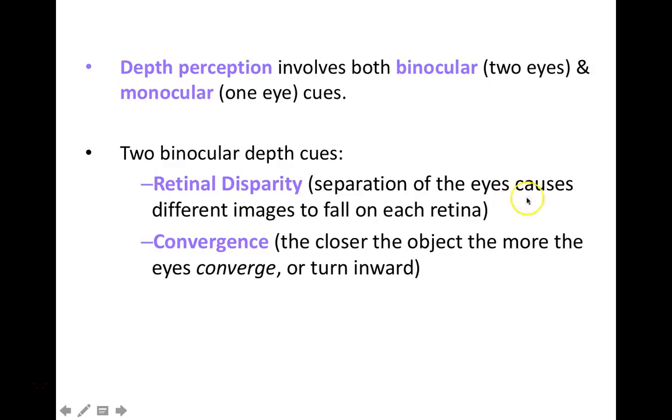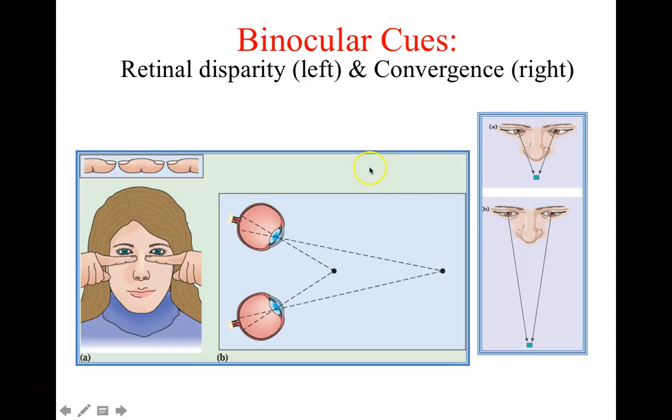Let's look a little more closely. So this is retinal disparity. I'll let you do that little demonstration. I think it's talked about in your textbook, but you can get an idea of what the eyes are doing as you focus closer and closer together.